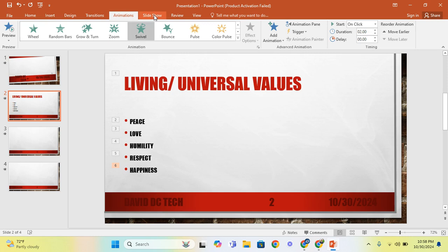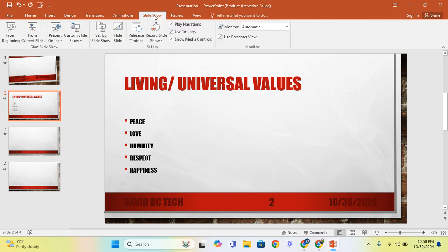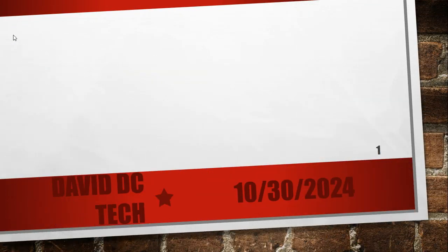For us to achieve that, we will go to slideshow, and then from slideshow we have to decide if we want to do the presentation from the beginning or from the current slide. So I want to use from beginning.